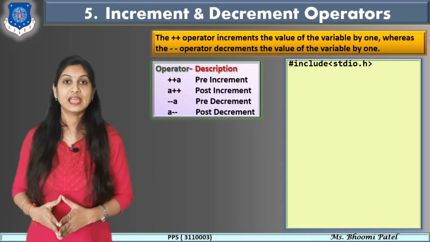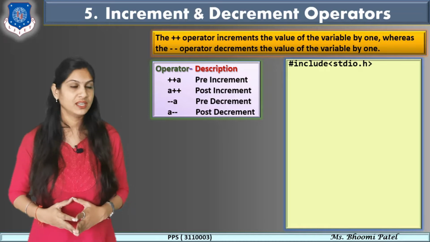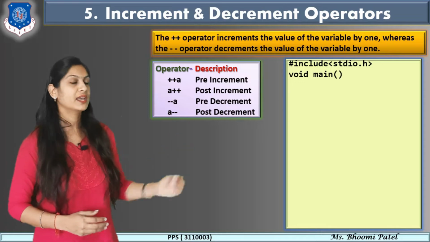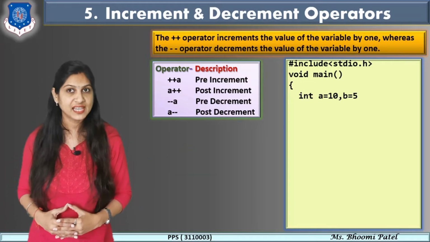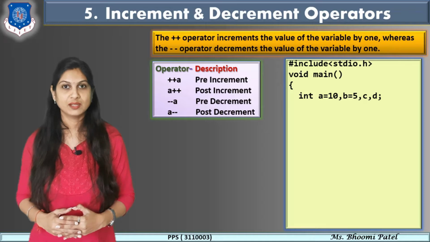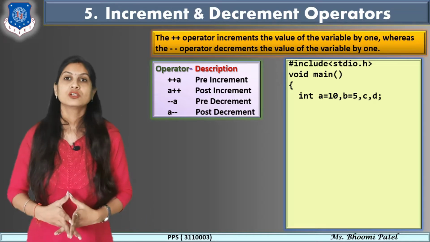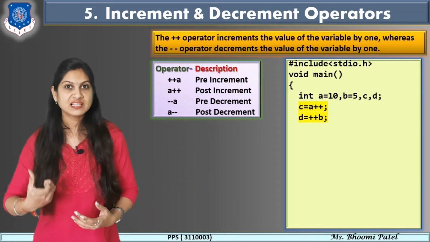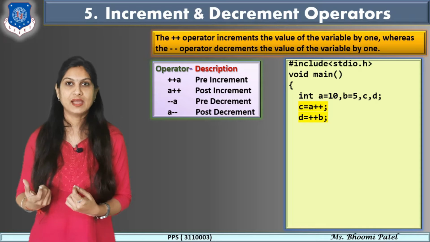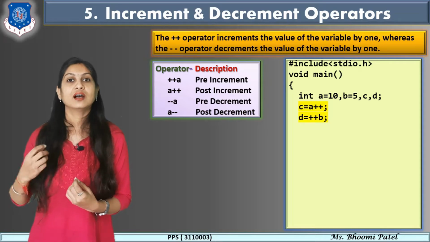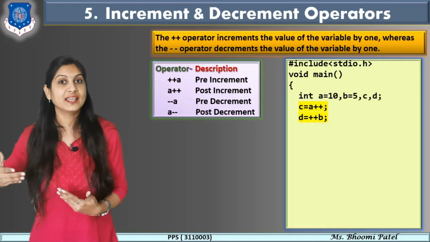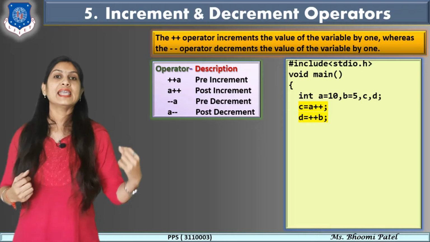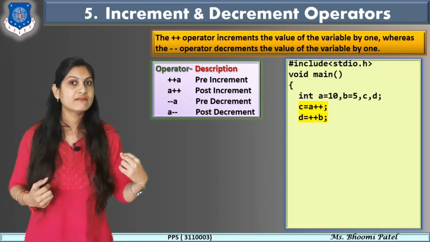Now how can it be executed in our program? Let's see here. First include the header file and start with a void main, and here I am taking the example a equals 10, b equals 5 and two variables c and d, that is our output. So what happened when we are writing c equals a plus plus? The a plus plus is nothing but the post increment, means after assigning value it will increase the original value of that particular variable. So c equals a plus plus, the c value is what?